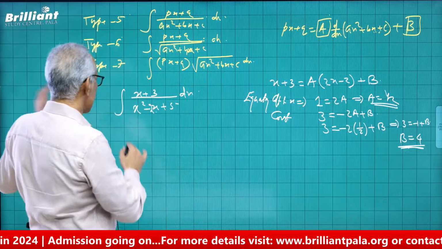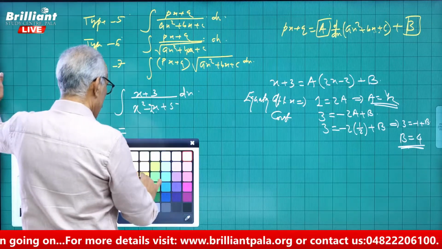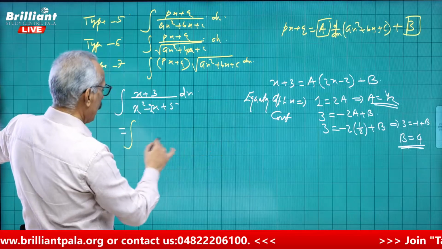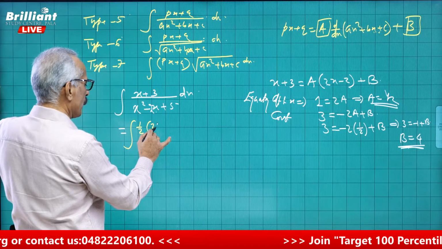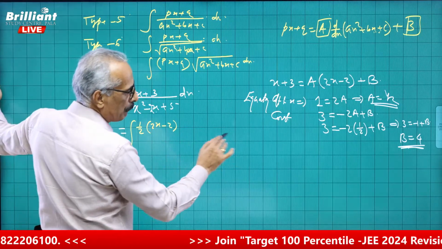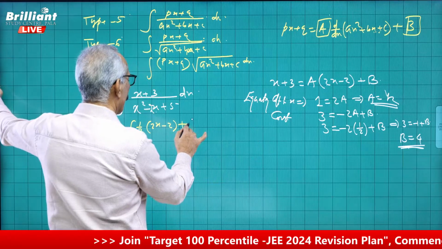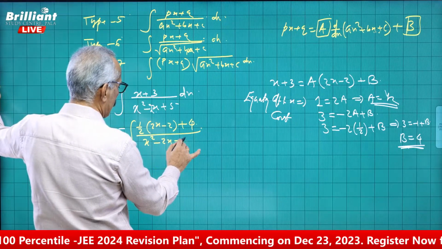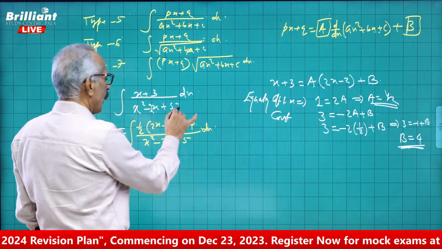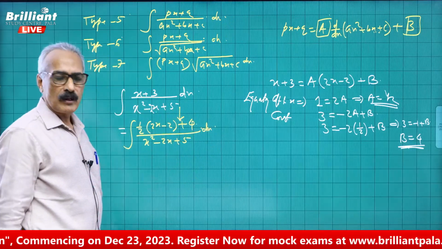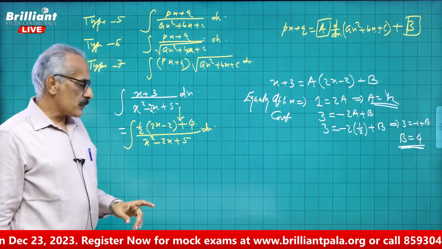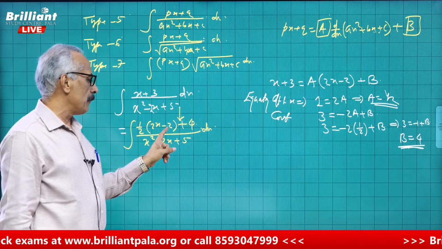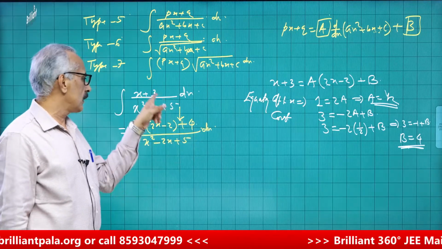So, x plus 3 is now split as 1 by 2 into 2x minus 2 plus 4, divided by x square minus 2x plus 5 dx. You can also verify: half into 2x is x, half into minus 2 is minus 1. Minus 1 plus 4 is 3, correct.